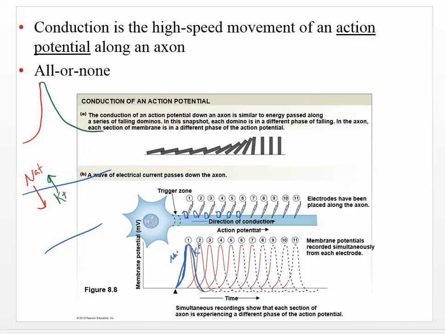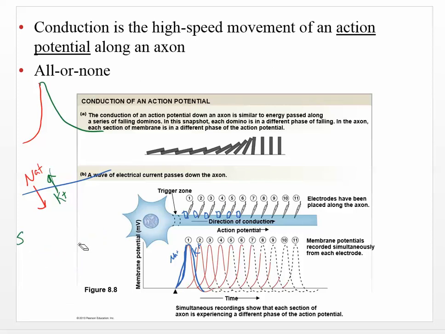Then of course everything's in the wrong place, because you're supposed to have sodium high on the outside, but we just let all the sodium in to depolarize, and then we let the potassium out to repolarize it. Everything's in the wrong place, so what fixes that? The sodium potassium pump will then pump everything back in place.